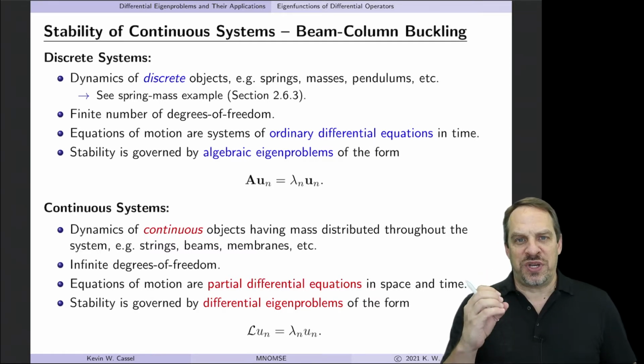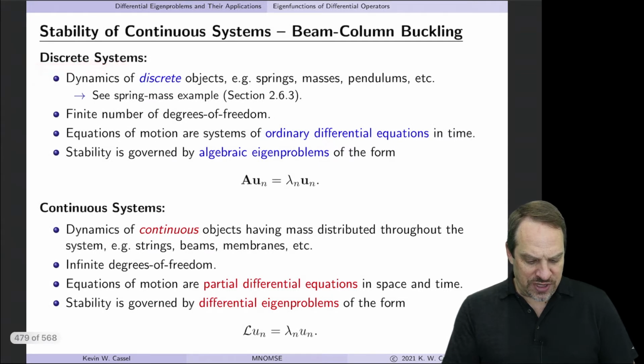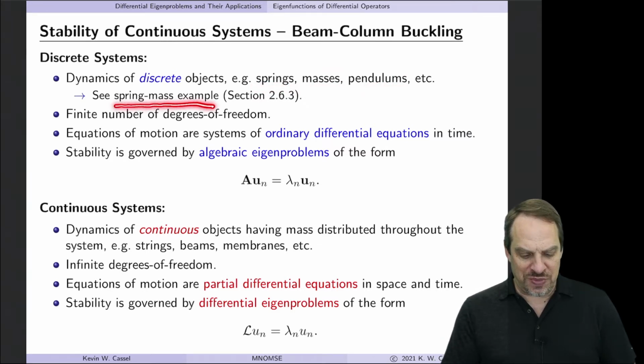Let me just set this up by contrasting the discrete systems that we considered in Chapter 2 as well as continuous systems, which we're going to look at here. In discrete systems, we're looking at discrete objects such as springs, masses, pendulums, and so forth. This is what we did in Chapter 2, for example, when looking at the spring mass example.